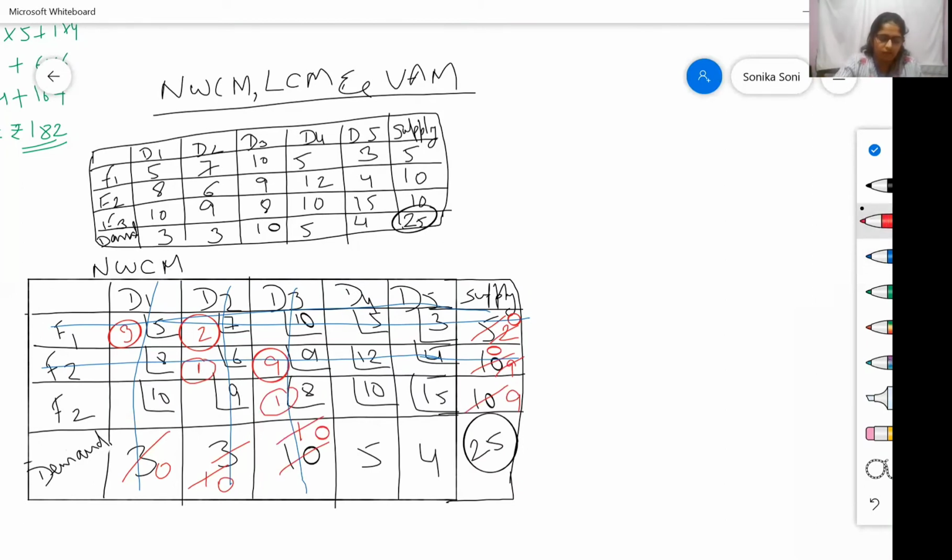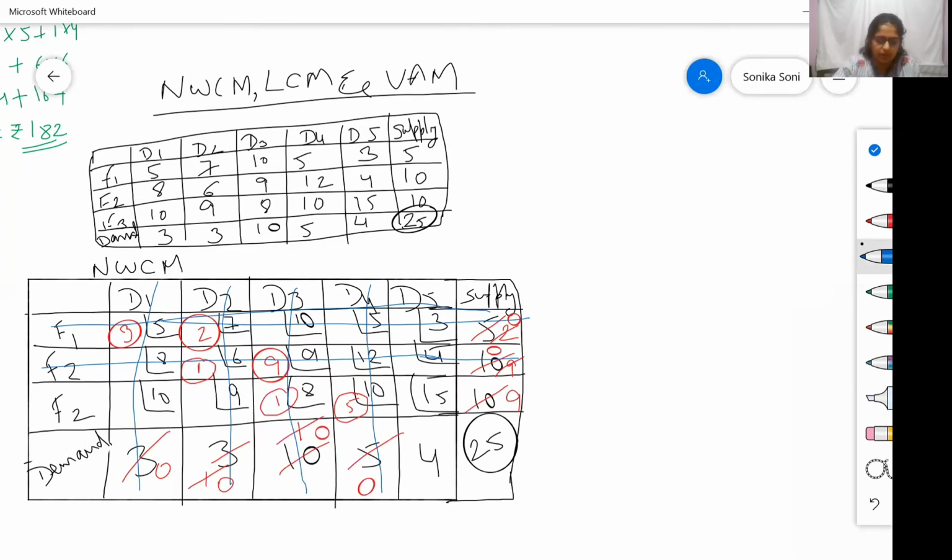Now we have F3D4 as the northwest corner one, so we will allocate here. How much can we allocate? Total 5 demand is there, so we can allocate all 5 demand, and the demand becomes 0, so we cancel D4 column out.